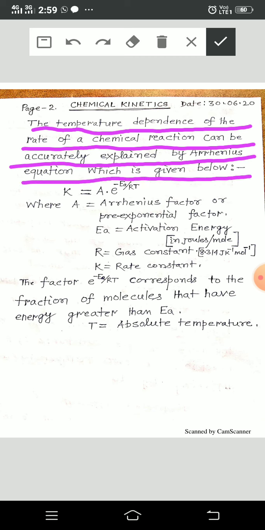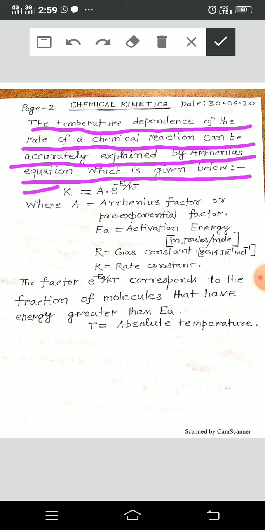So this is the Arrhenius equation. k is equal to A multiplied by e raised to the power minus Ea by RT, where A means Arrhenius factor or pre-exponential factor. So this is the exponential term here.